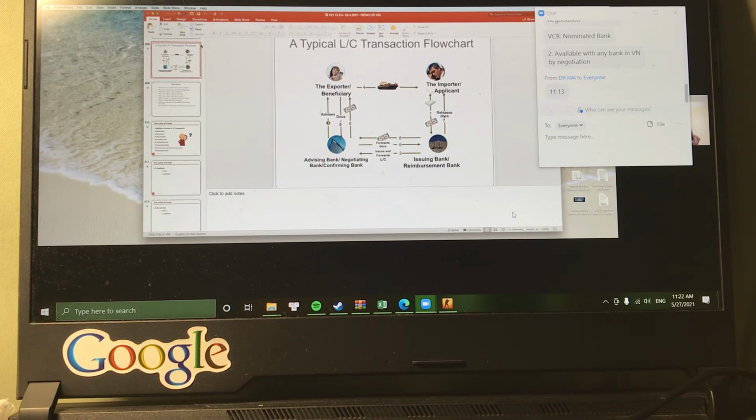Why does the exporter check the contents? Because they have to comply with the contract. Now the purpose of checking the LC is the exporter.